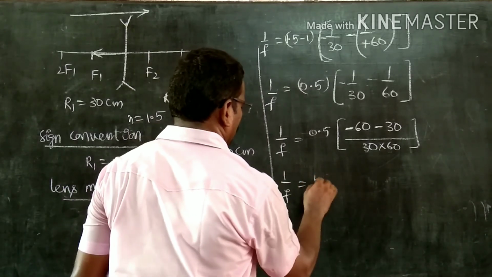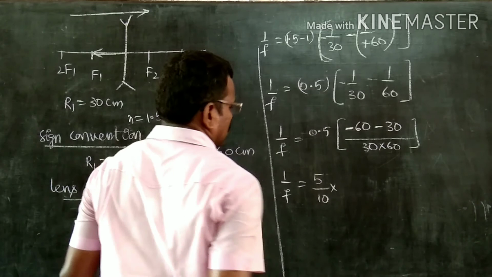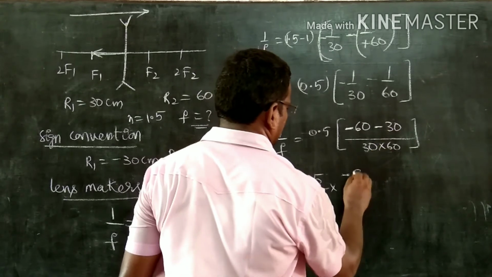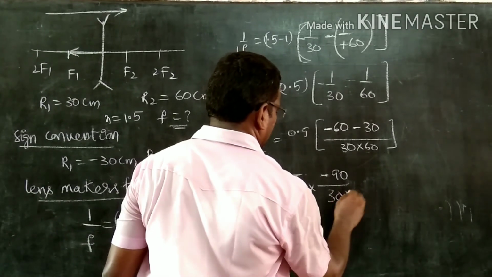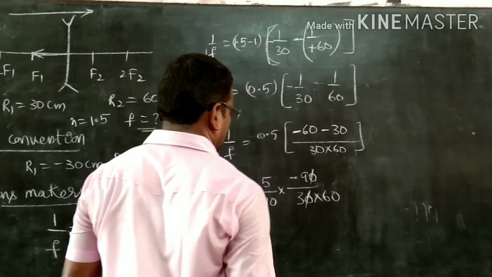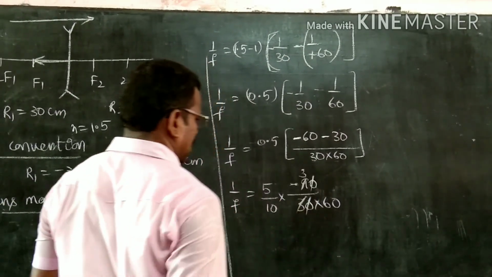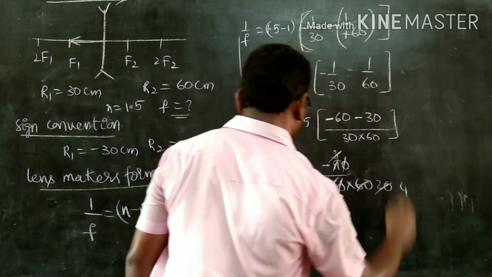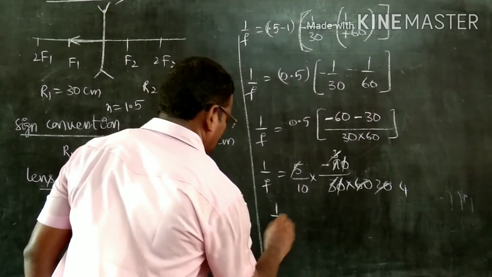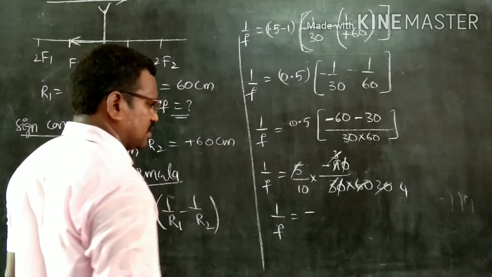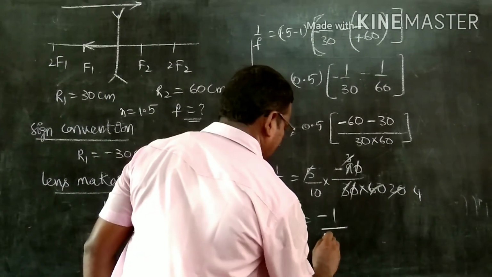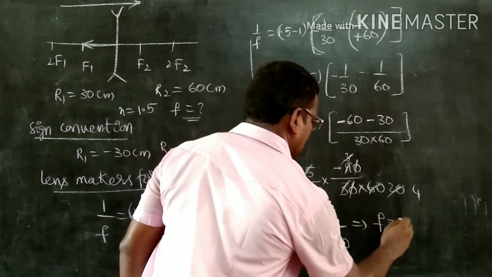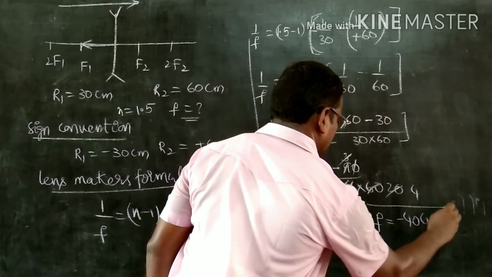Now 1 by f is equal to 5 by 10 into minus 60 minus 30, that is minus 90 by 30 into 60. 10 and 10 will get cancelled, 3 ones 3, 3 threes will get cancelled, 3 twos 20s. 5 ones 5, 5 fours. What is left now? 1 by f is equal to minus 1 by 40, since 10 fours are 40. That implies, by reciprocating, f is equal to minus 40 centimeters.